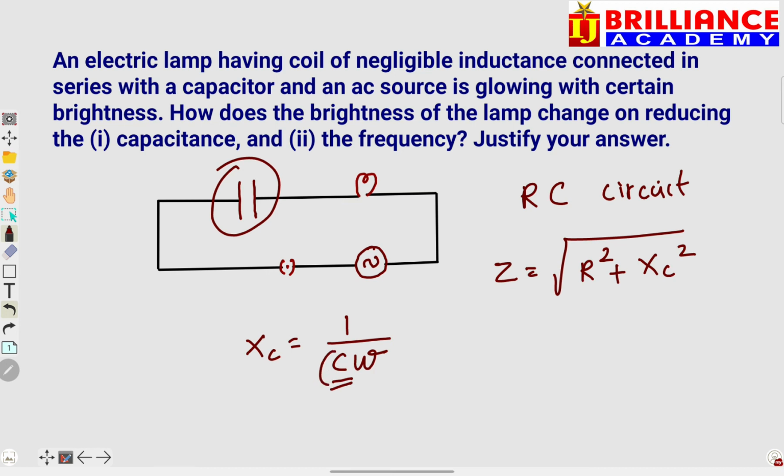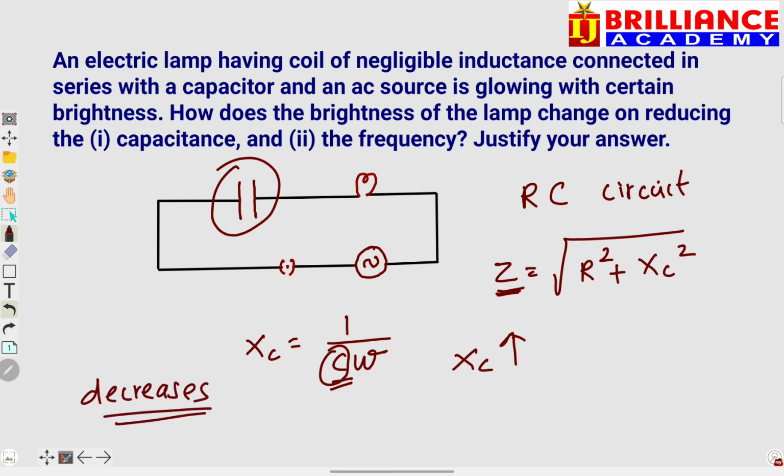When I reduce the denominator, XC increases. When XC increases, obviously Z will increase. So when Z increases, again the same category: the overall current decreases, so the bulb will glow with less brightness, meaning brightness decreases.